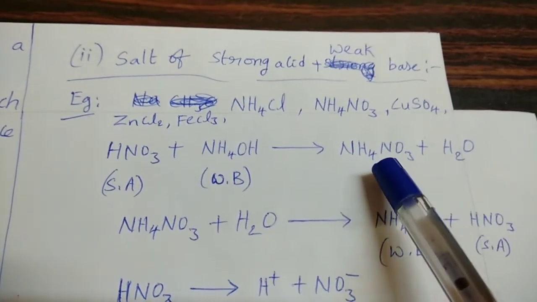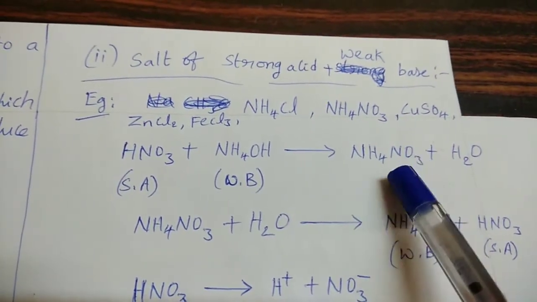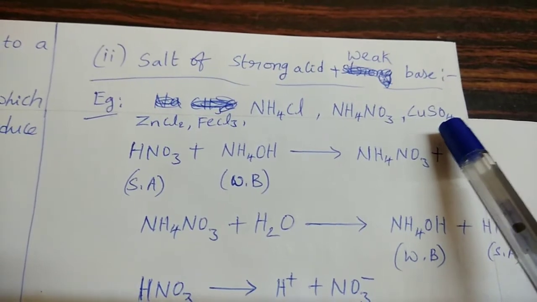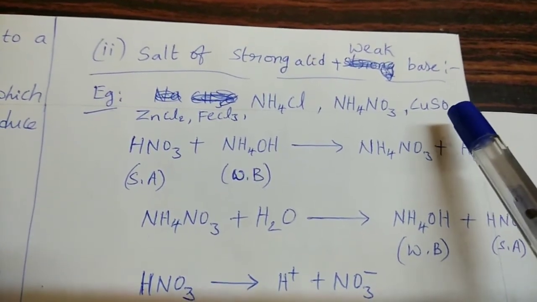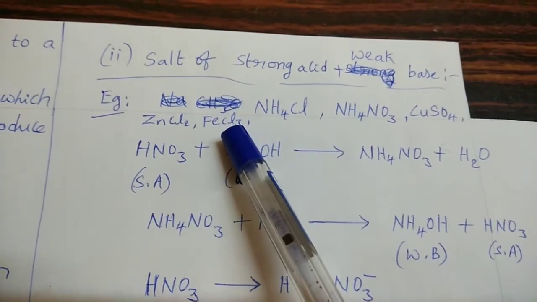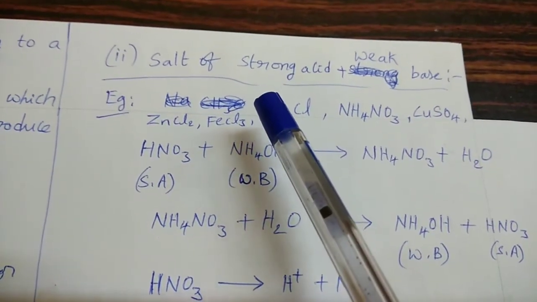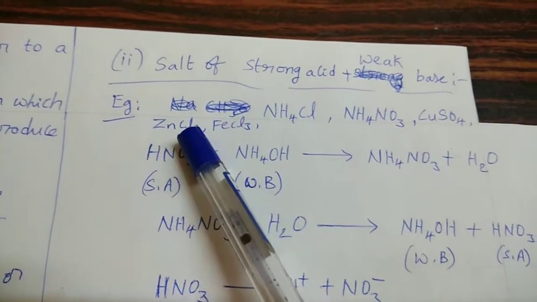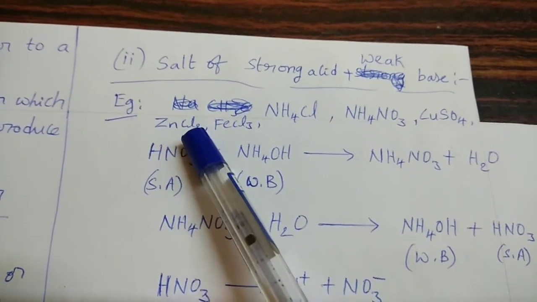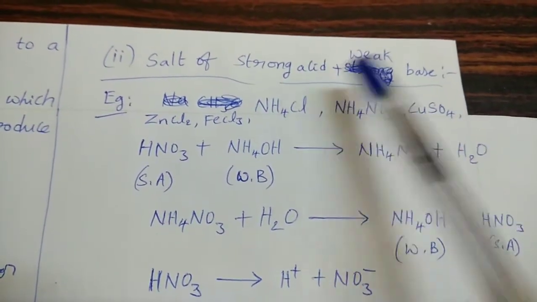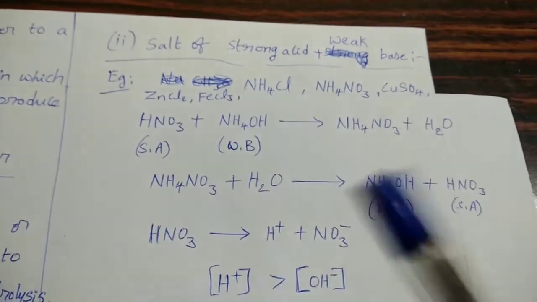Weak base gives rise to NH4NO3, ammonium nitrate plus water. CuSO4 also obtained from strong acid, H2SO4, weak base, Cu(OH)2. FeCl3 obtained from strong acid, HCl, weak base, Fe(OH)3. ZnCl2 obtained from strong acid, HCl and weak base, Zn(OH)2. In this way, these are examples for strong acid and weak base salts.